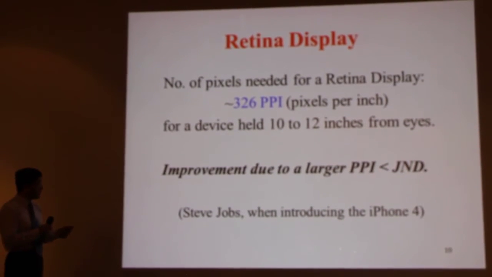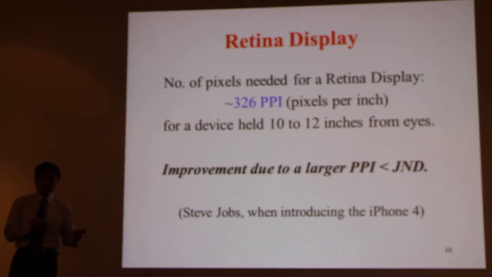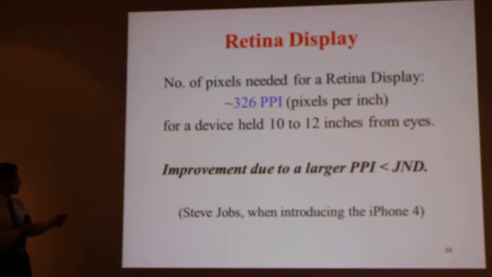So this is somehow related to the JND concept, because if you have a larger PPI value, the improvement in the perception of the viewing is smaller than 1 JND. Of course, it's arguable whether this is an absolute number or not, but there must be a threshold for humans to notice any difference.